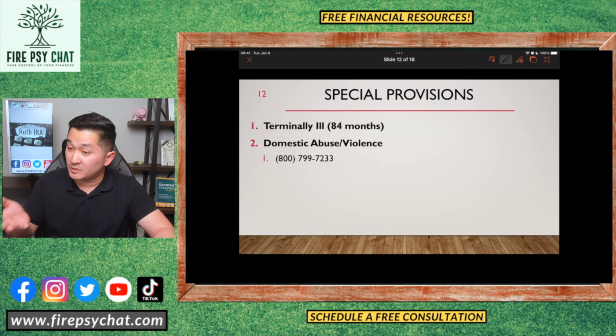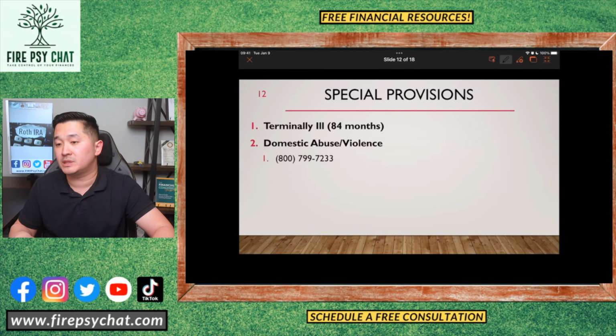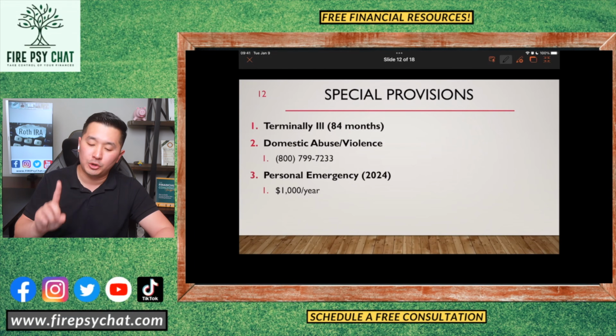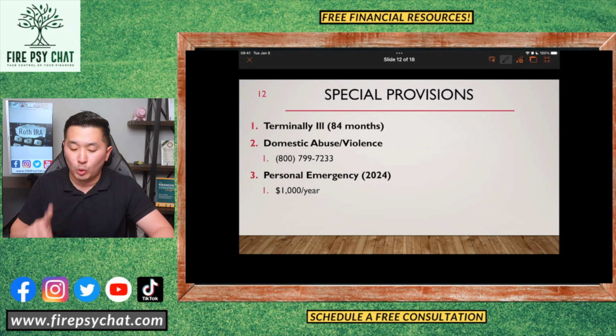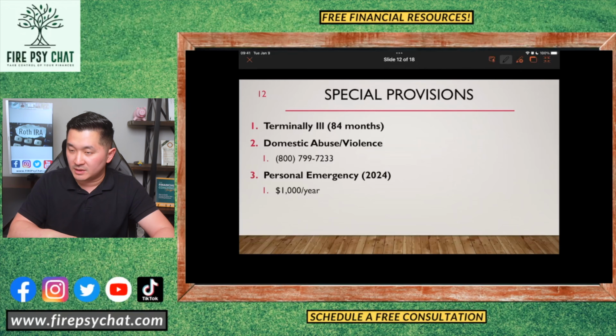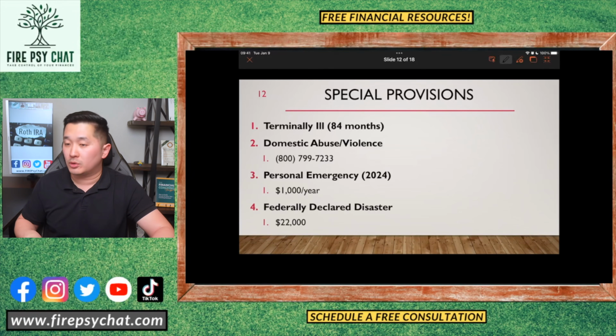And if you're a victim of domestic violence or domestic abuse, please call the hotline at 1-800-799-7233. And also starting in 2024, you can withdraw up to $1,000 a year penalty-free if you have unforeseeable or immediate costs related to personal or family emergencies. But you will need to repay that $1,000 back to the Roth IRA if it's from your earnings or interest.